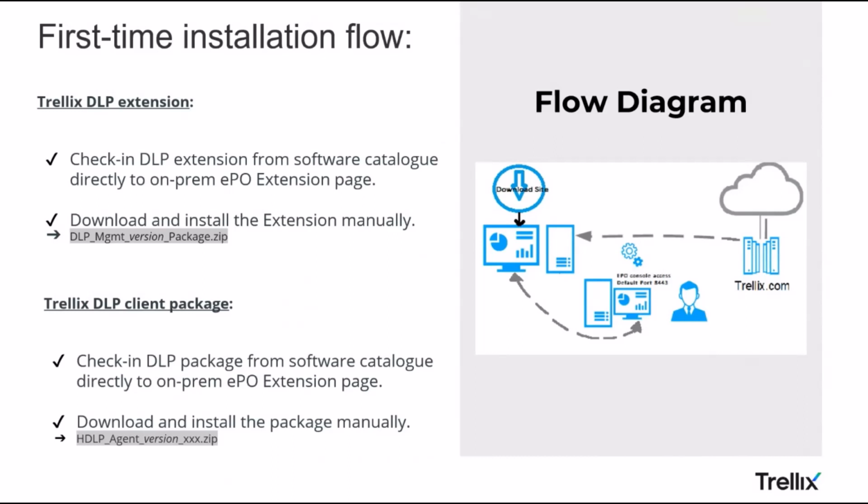The Trellix DLP extension is installed on the Trellix on-premises EPO server. It manages the policies and data analysis for all Trellix DLP applications. In fact, it is the starting point for all deployments. Highlight of the Trellix DLP extension is its centralized management.